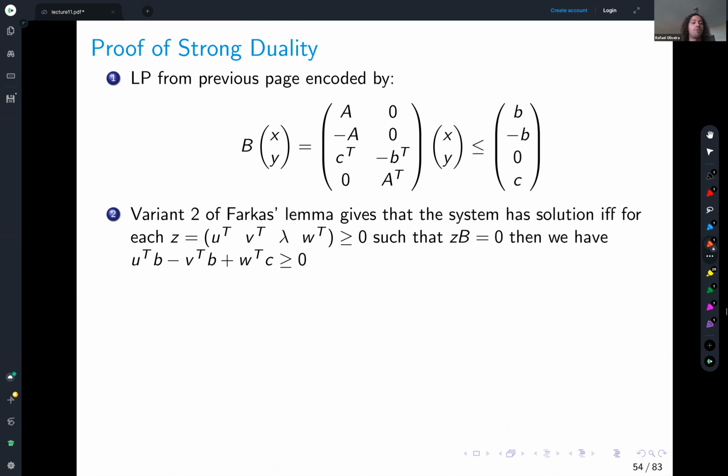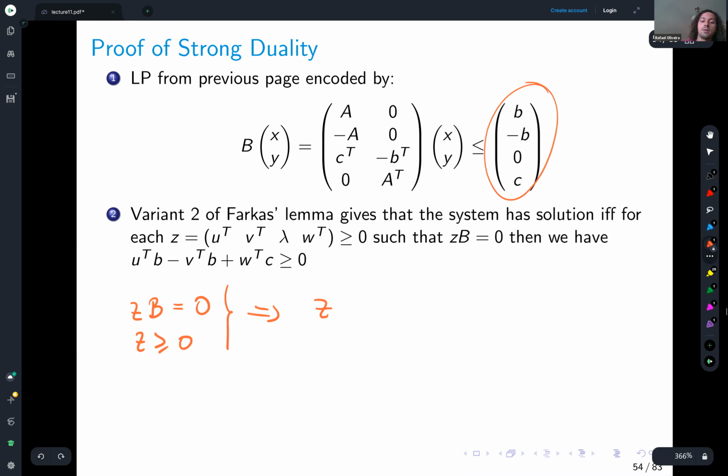Well, variant 2 of Farkas lemma gives us that this system has a solution if and only if, let me just rewrite the variant here. The variant says that the system is feasible if and only if for every Z such that ZB is 0 and Z is greater or equal to 0, it implies that Z times this vector, B minus B 0 C, has to be greater or equal to 0.